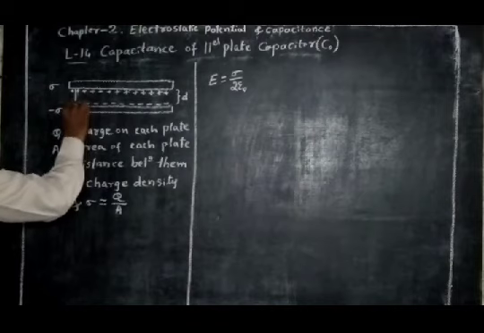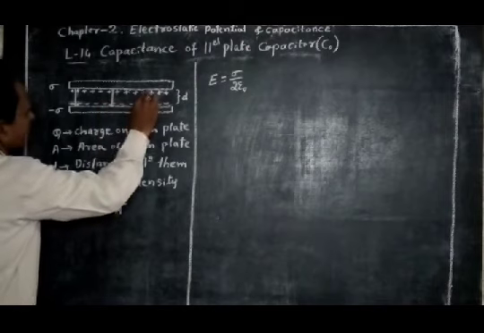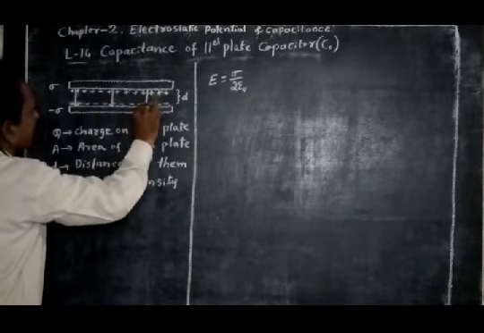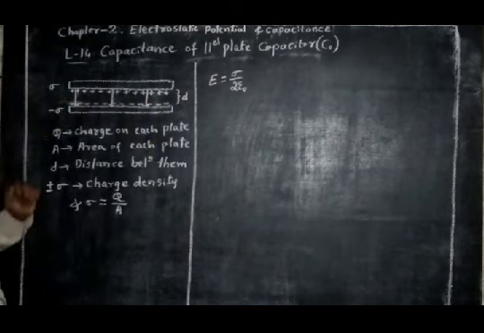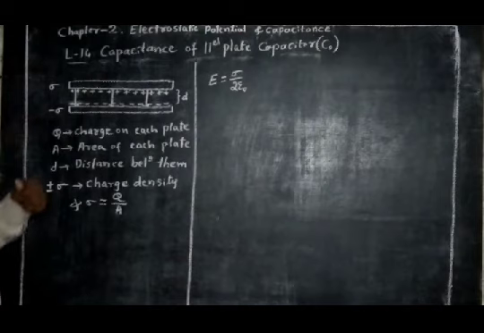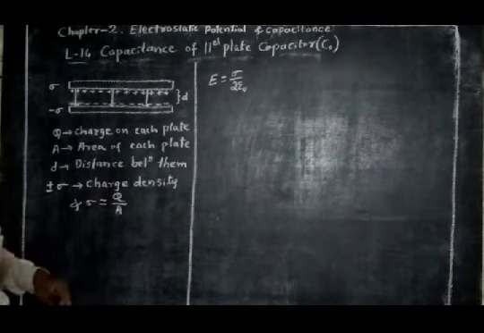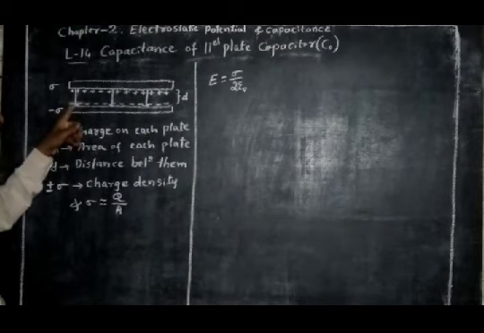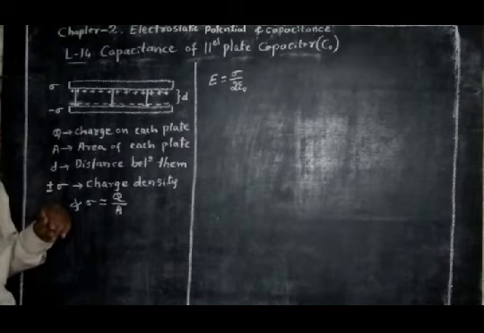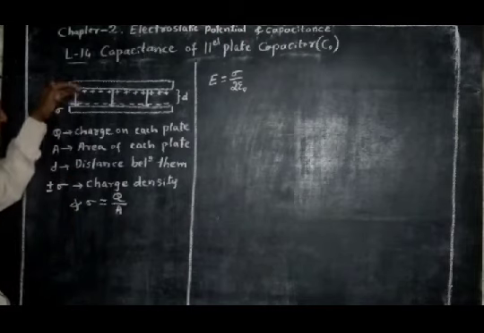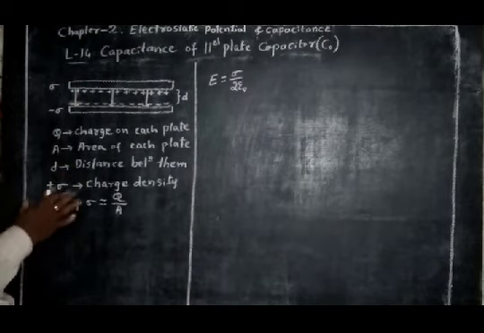This is the direction of the electric field from the positive charged plate to the negative charged plate. The electric field due to positive charge is away from the charge, and the electric field due to negative charge is towards the negative charge. Hence here the fields due to the positive plate and the negative plate add up.